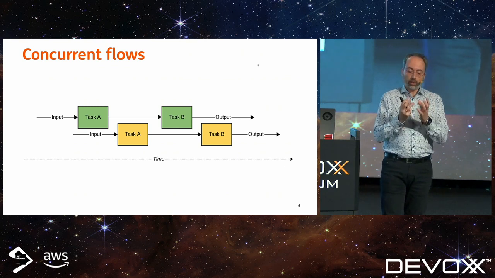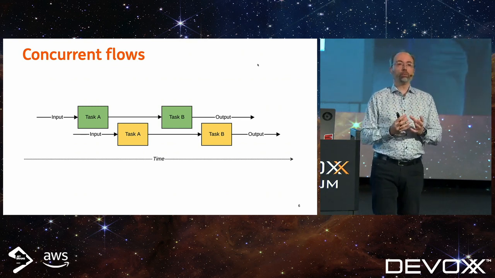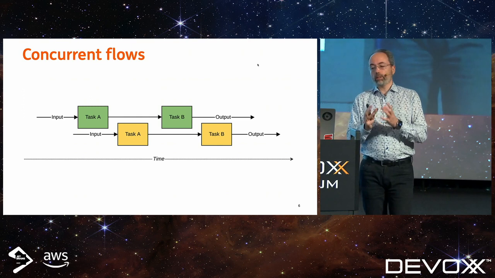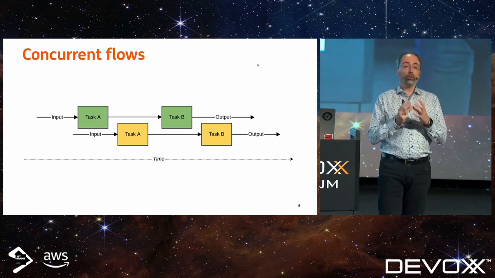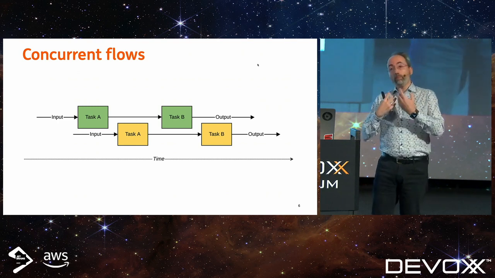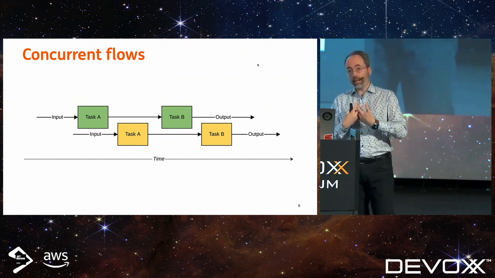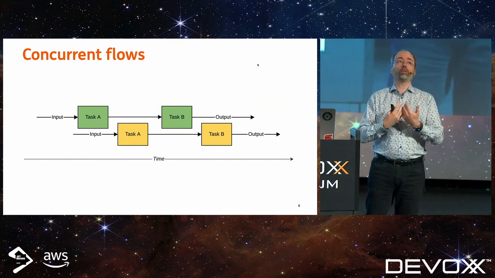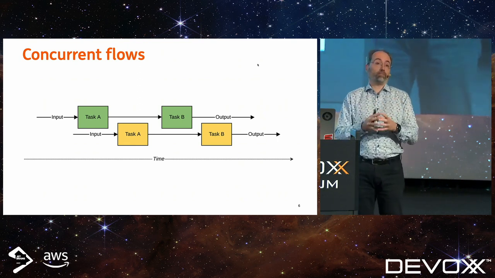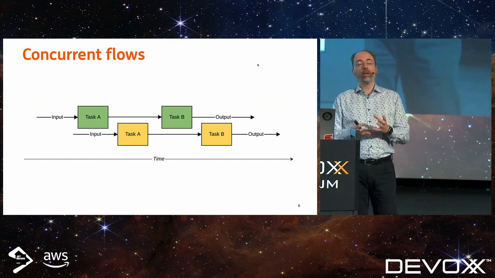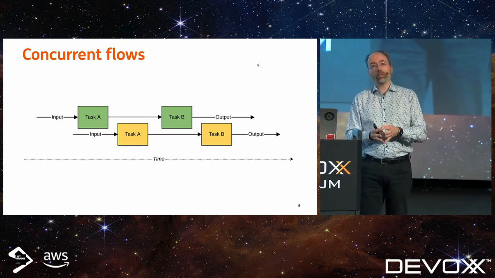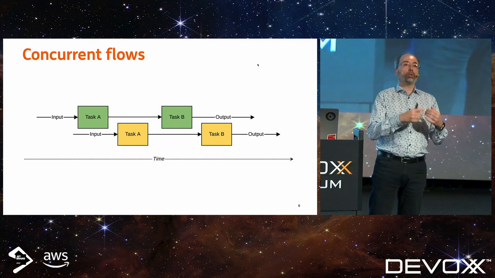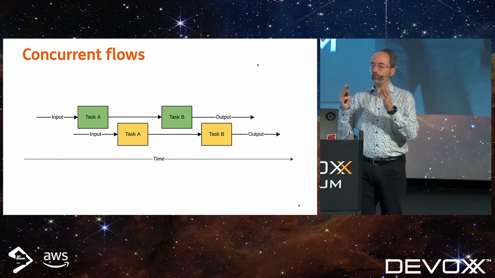But the basic idea that underlies the notion of a concurrent flow is that although tasks that are being executed concurrently may appear to us as being executed in parallel because they are extremely fast, in truth, they are sharing the same processor and they are being executed one after the other.